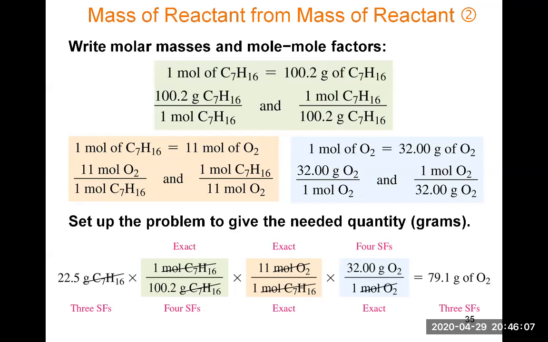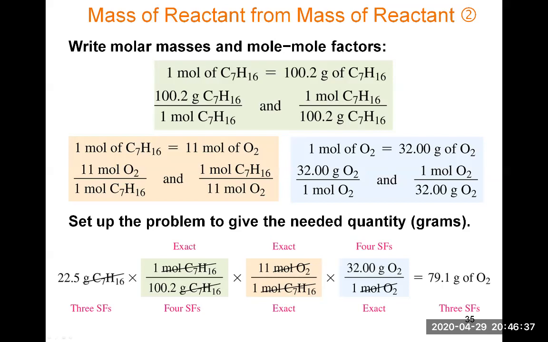And then you continue by multiplying by the last conversion factor, which is coming from the molar mass of oxygen. For this one, you want to cancel the moles of oxygen in the previous conversion factor. So you will want the molar mass such that the mole is on the bottom and cancels the moles of O2 in the previous conversion factor. And the grams of O2 will be on top.